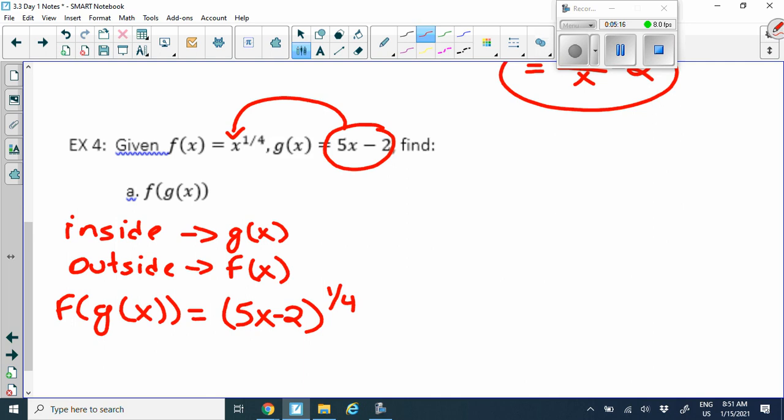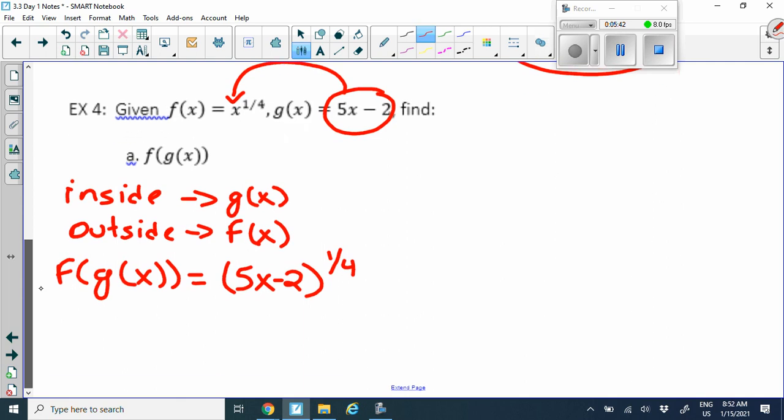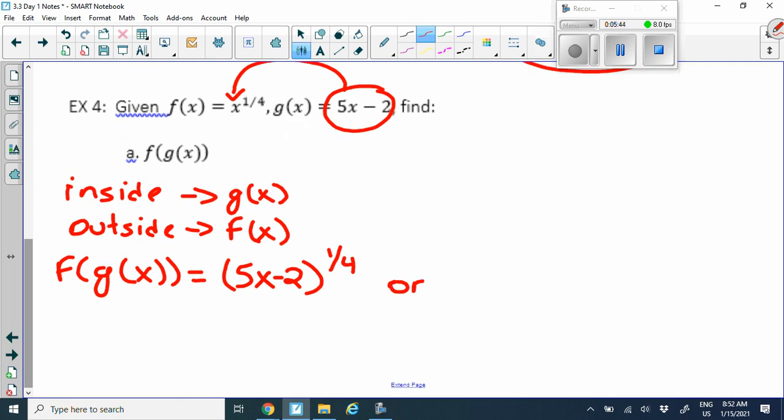Now let's say we want to rewrite this in radical notation. The reason why we might want to write it in radical notation, as I said before, is that when we get to the domain, it'll make it a lot easier to find the domain. Usually, if it is already in radical notation, you leave it as is, but later on we might want to change it. So we could leave it as 5x minus 2 to the 1/4, or we can rewrite it in radical notation.